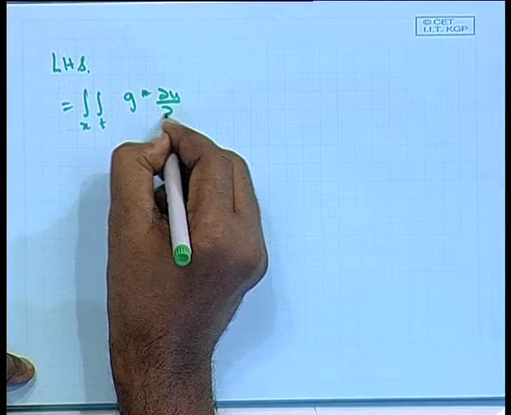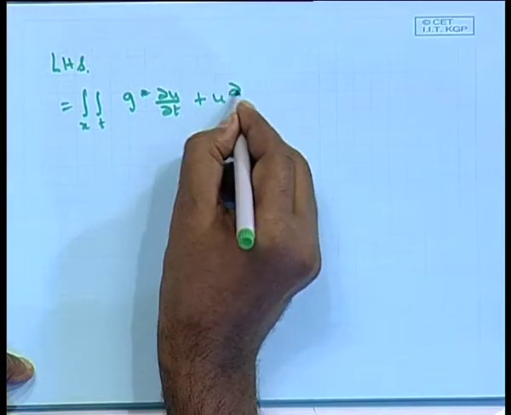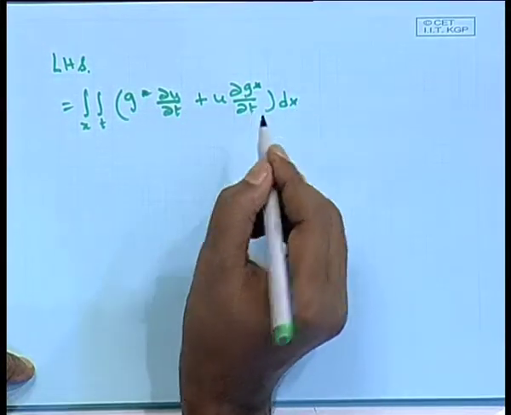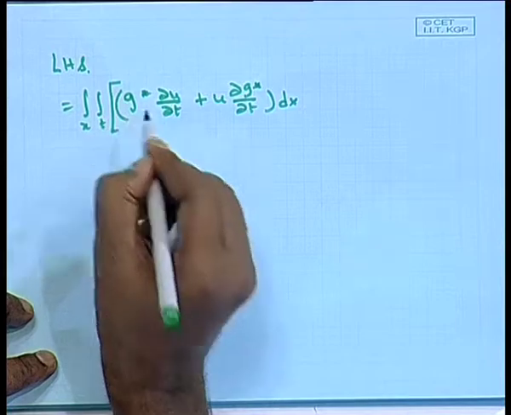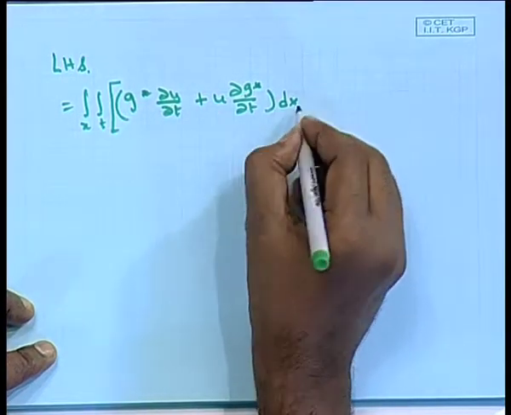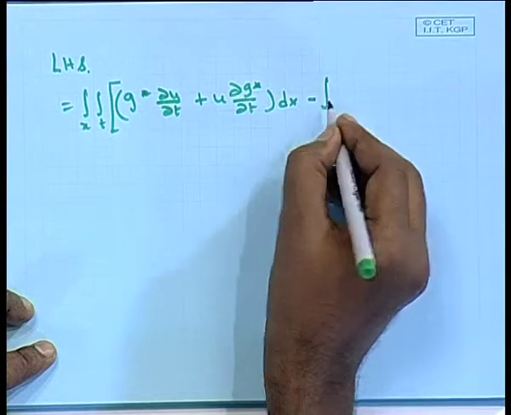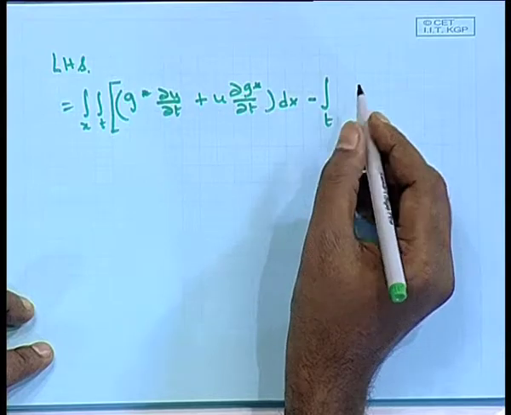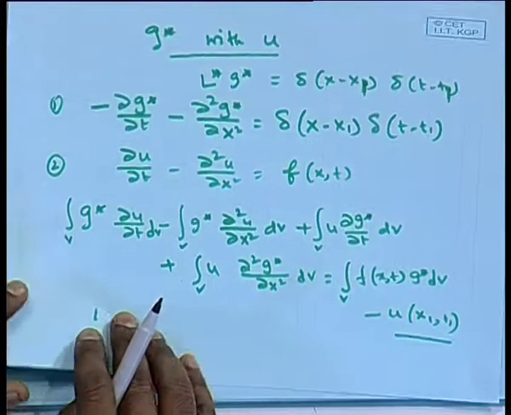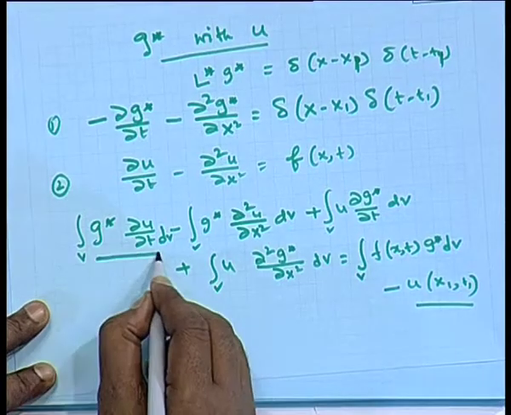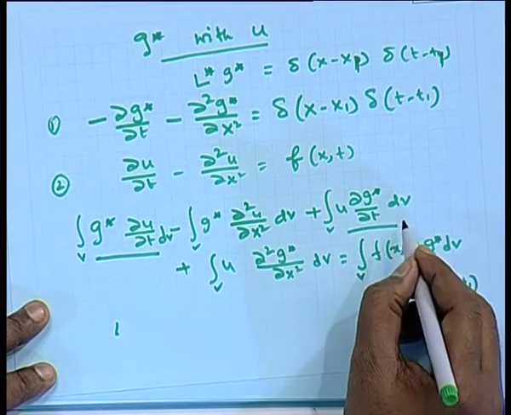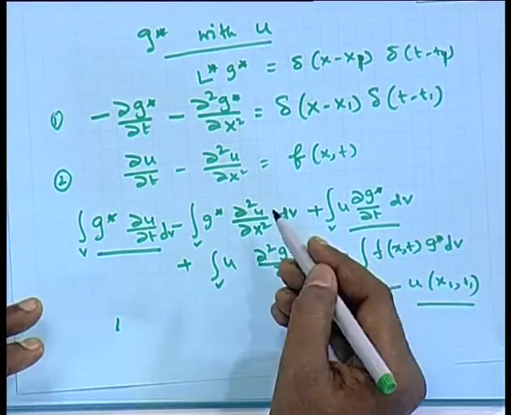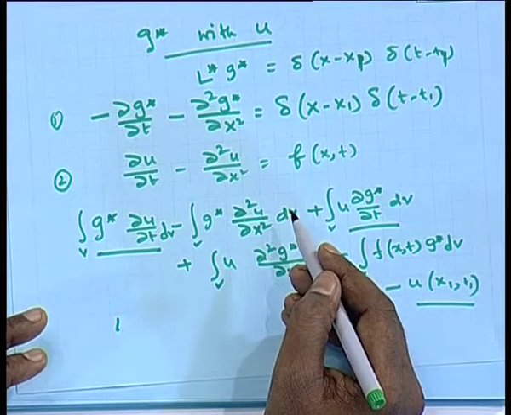G star del u/del t plus u del G star/del t dx, I am just collecting all the various terms and writing it down. I have collected these two terms, G star del u/del t and u del G star/del t. So if you carry out the integration over x, on the outside it becomes d/dt of u and G star, okay.